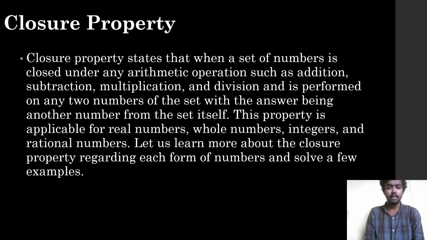This property is applicable for real numbers, whole numbers, integers, and rational numbers. Let us learn more about closure property regarding each form of numbers and solve a few examples.